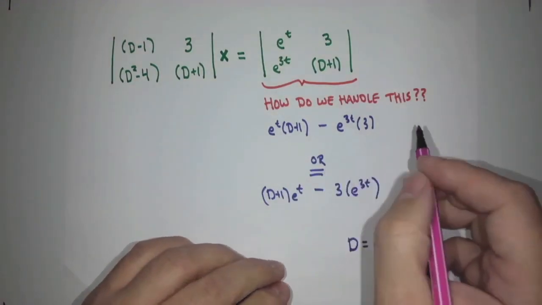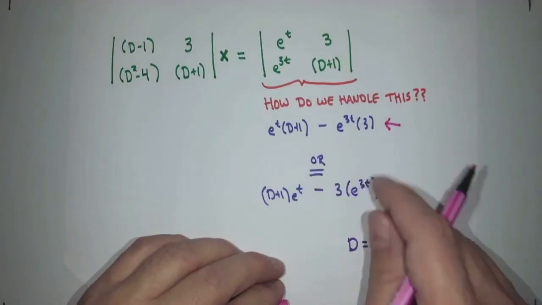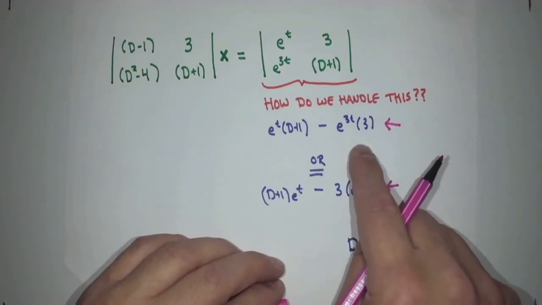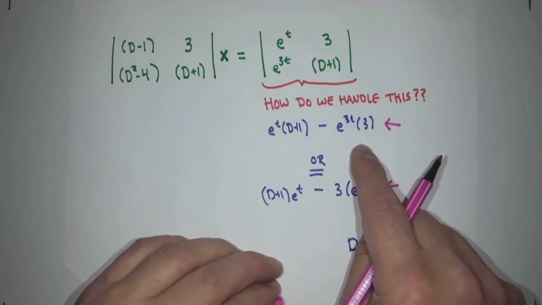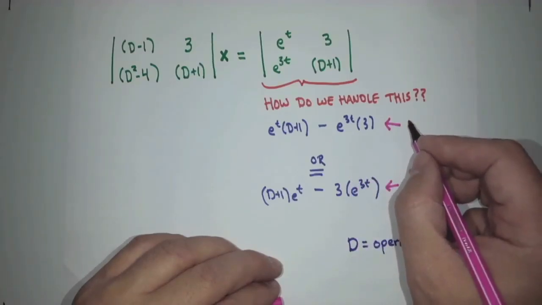So if we look at this expression here, e to the t times D plus 1 minus e to the 3t times 3, and I ask the question, is this a function or is this an operator? I hear function, or it could be it's an operator.